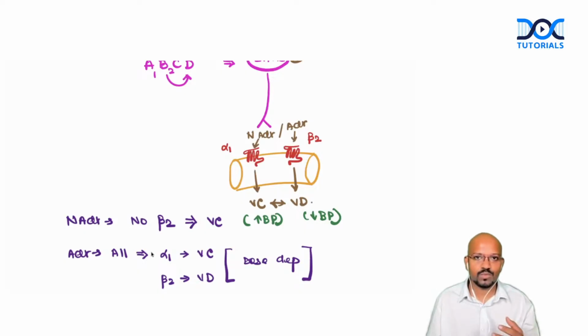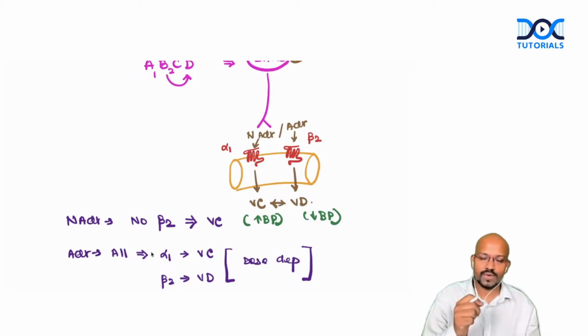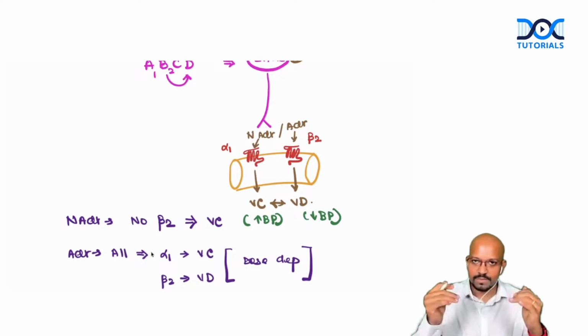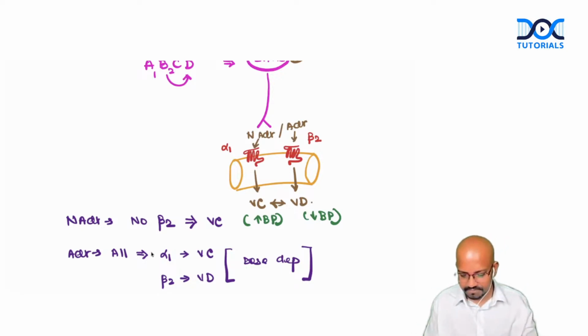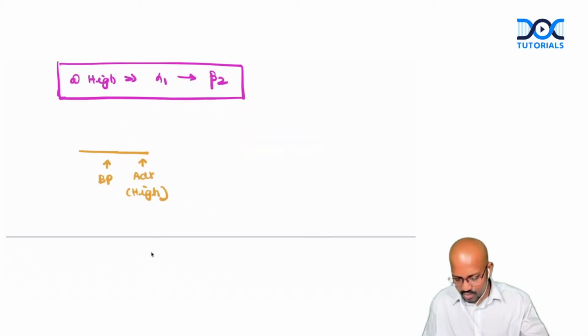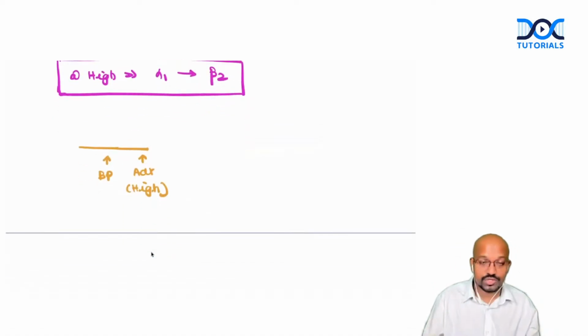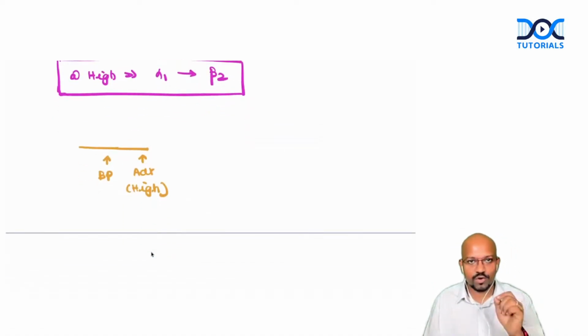I have explained that with the vessel concept, and now in the blood pressure concept also. Whenever the vessels are constricted, there will be increased blood pressure. Whenever the vessels are dilated, there will be decreased blood pressure. Now, what happens when you administer adrenaline at high doses? Initially alpha 1 followed by beta 2: alpha 1 induced vasoconstriction followed by beta 2 induced vasodilatation.